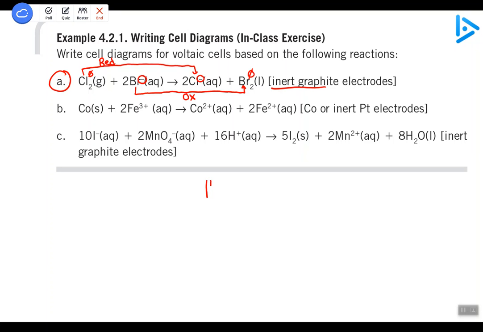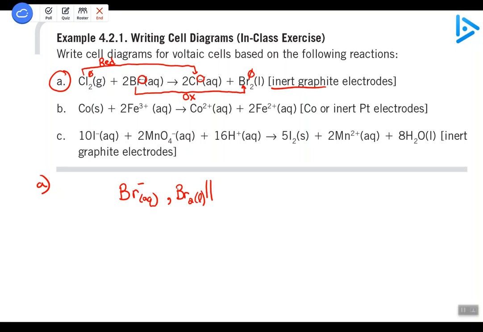So I like to start with my salt bridge. I put that right in the middle. I've identified the bromine as the oxidation area, so that's my anode. That means bromine needs to go on the left-hand side of my salt bridge. So on this side, I have my bromide ion, and in solution with it, my bromine liquid.